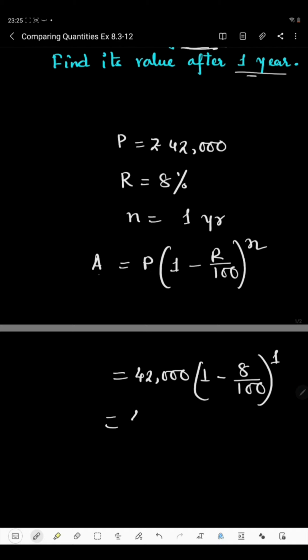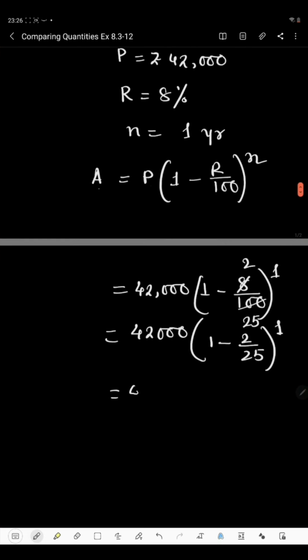Now 42,000, here 8 and 100 can be reduced: 4 2s are 8, 4 25s are 100, okay? So we have 1 minus 2 by 25 raised to the power 1.